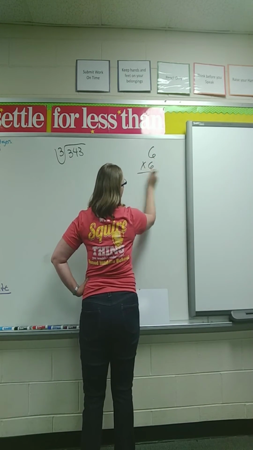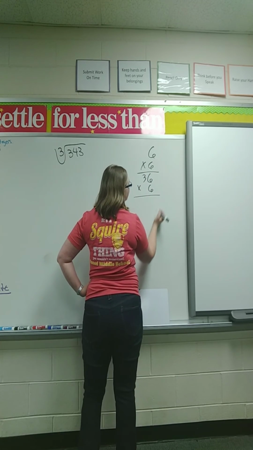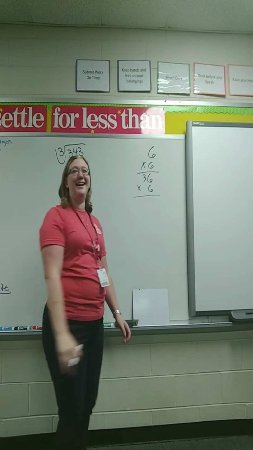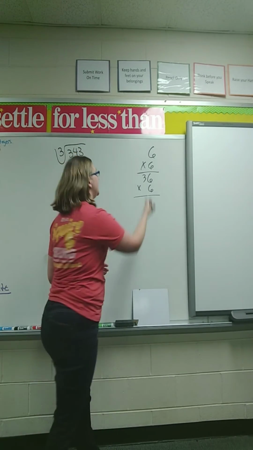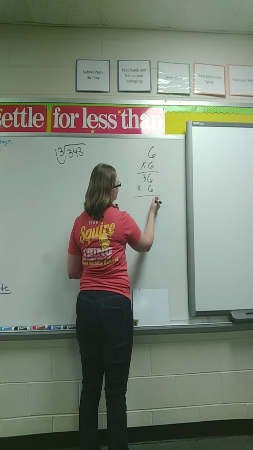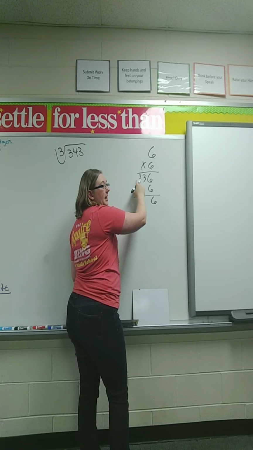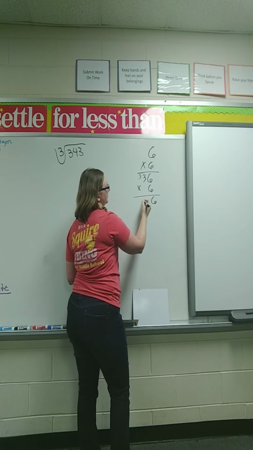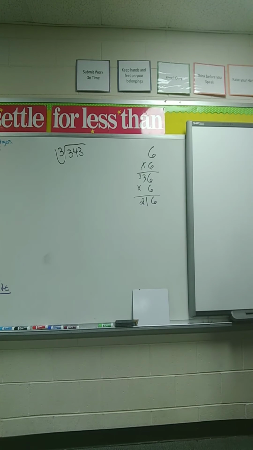6 times 6 is what? 36 times 6 is? And that's why I say cubes and cube roots are difficult. What's 6 times 6? 36. 6 times 3 is? 18 plus 3 is? 216. Okay.